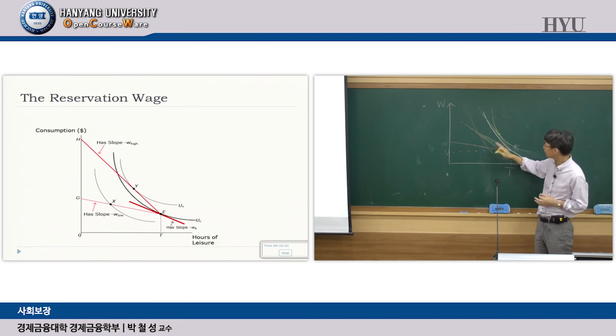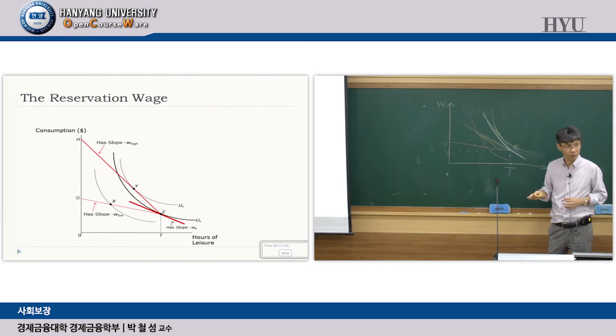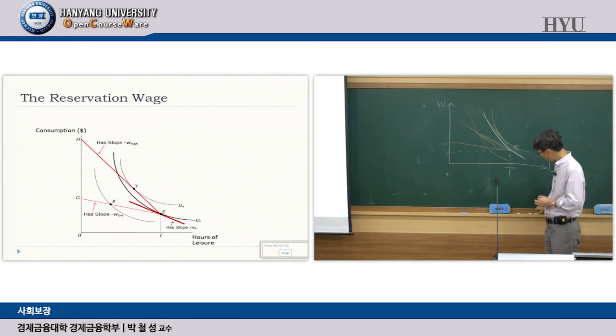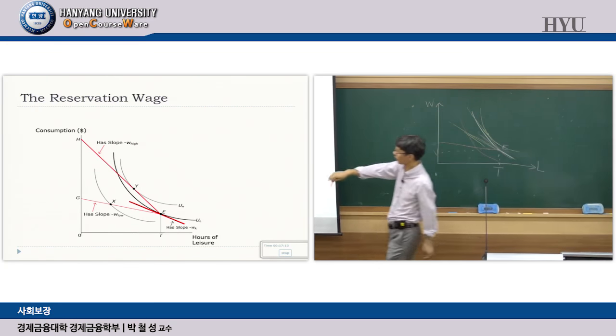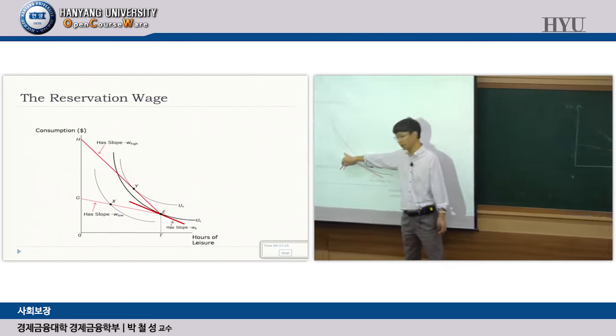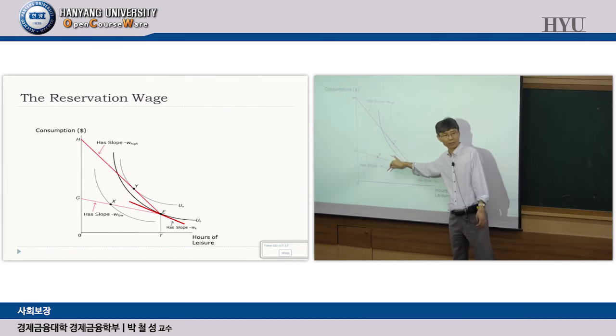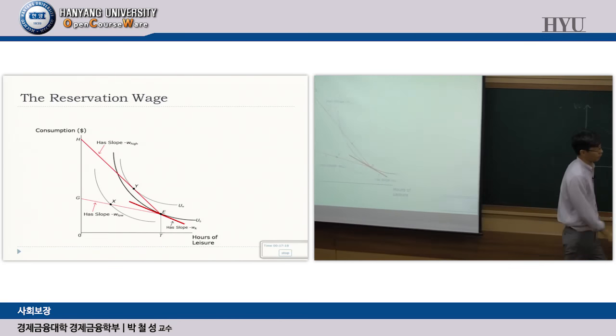So let's do that until we find the slope that makes that person just at the threshold. How do we do that? If we make it a little higher or a little lower, at the end we're going to end up with this one. In this diagram, it should be this thick red one.